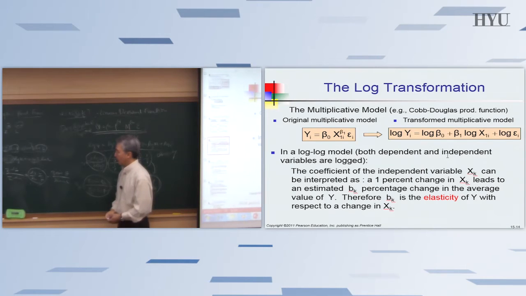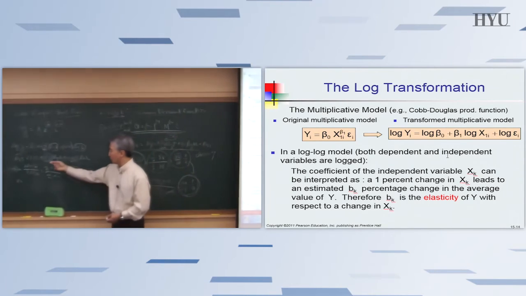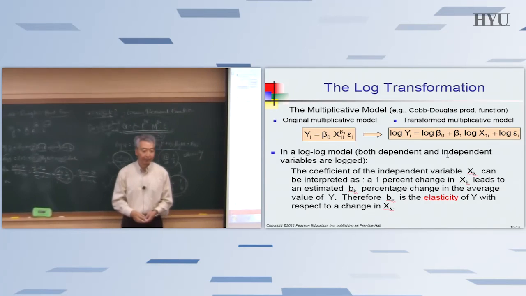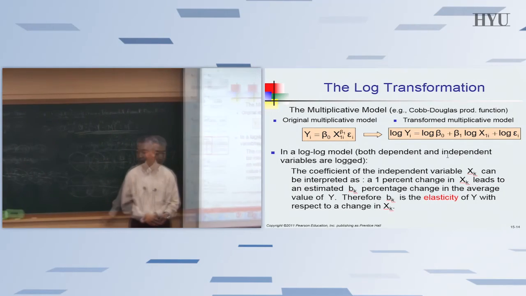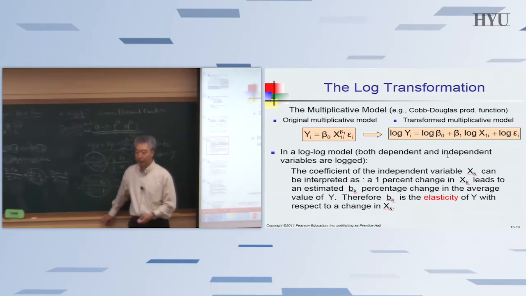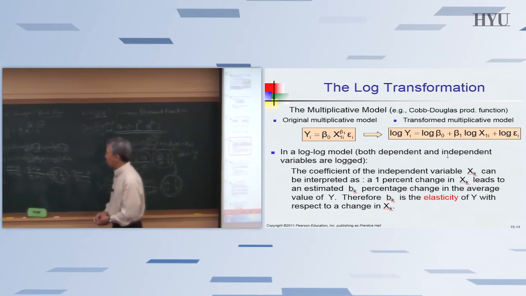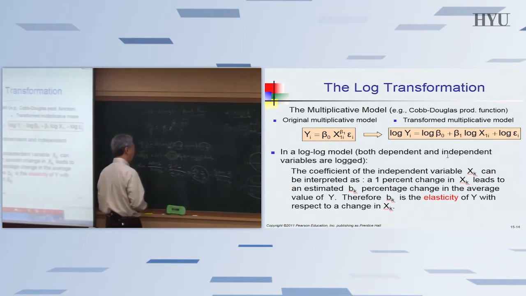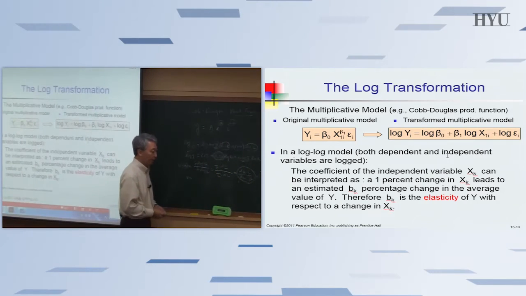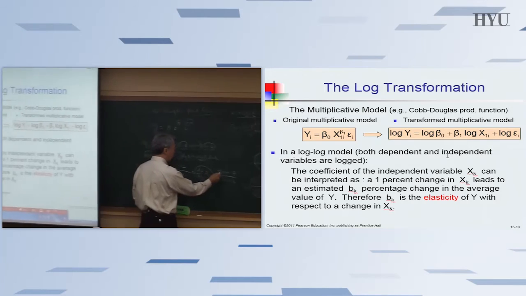But anyway, if you come up with 0.38 as the coefficient of log k, how do you interpret this number, 0.38? Again, remember the coefficient here is an elasticity, so we're talking about percent over percent.